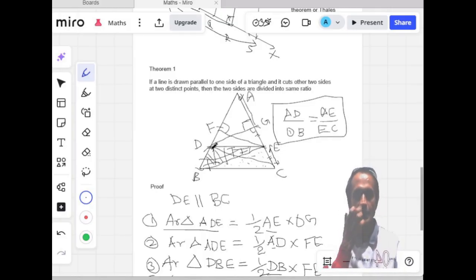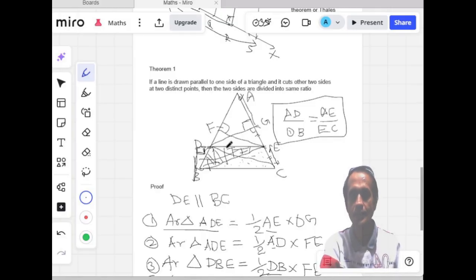If we find the area of DEC, and I draw this altitude, it goes outside the triangle.